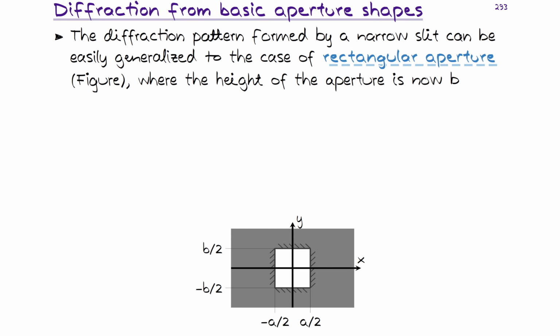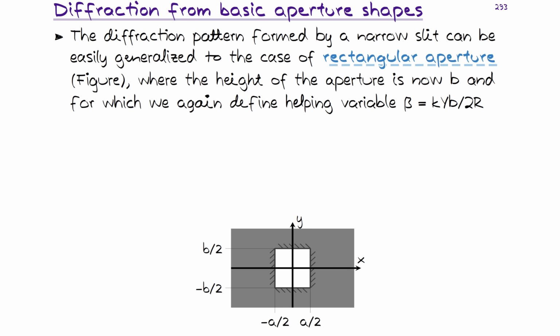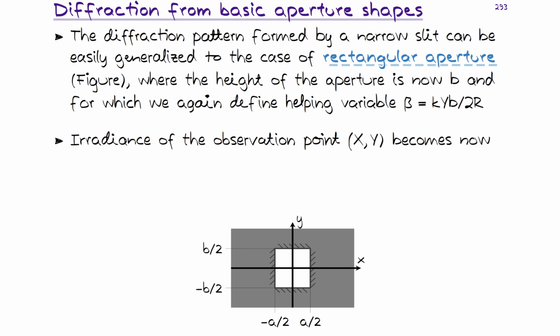So the height of the aperture is b, and again we can define a helping variable beta, similar to the alpha variable, but now instead of x coordinates and a coordinate, I'm defining that with respect to the capital Y and B parameter, but otherwise it's exactly the same kind of normalizing variable as alpha. And now I can simply calculate the irradiance at the observation point. I do not need to repeat the integral along the y direction because I already did it along the x direction.